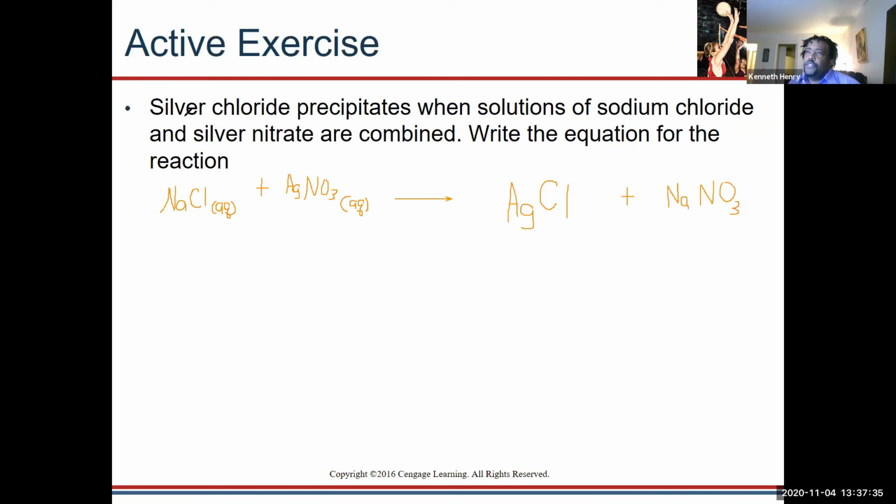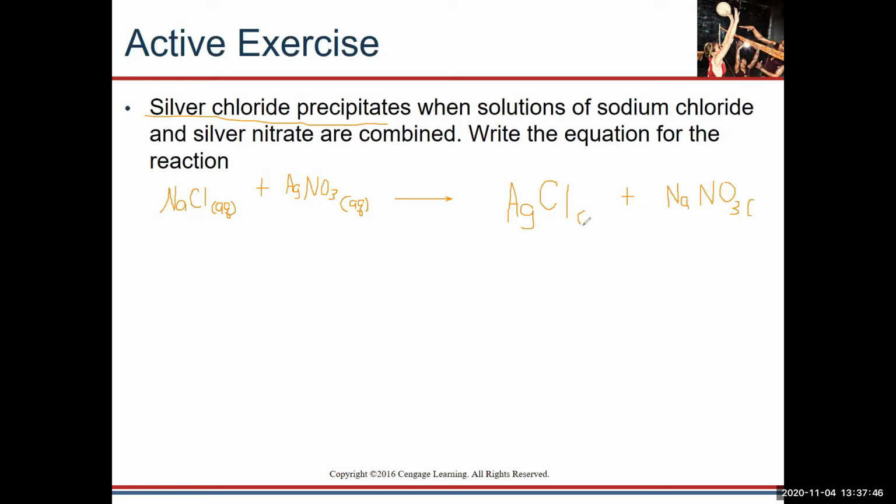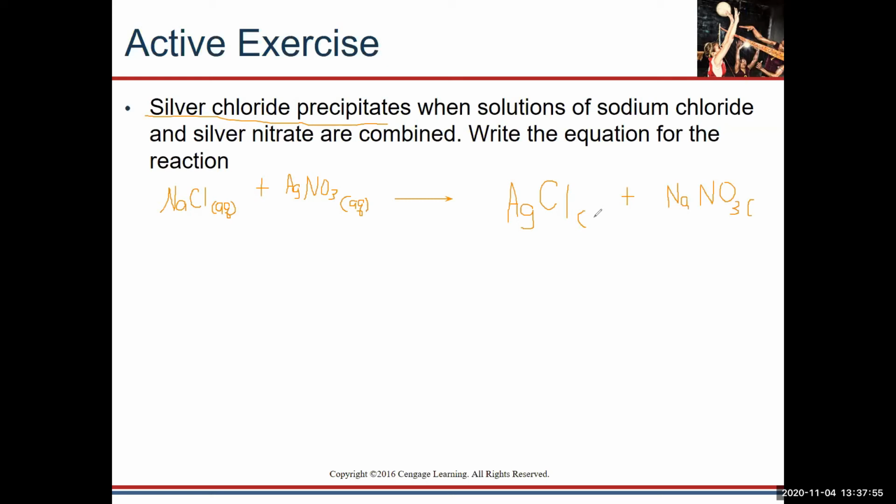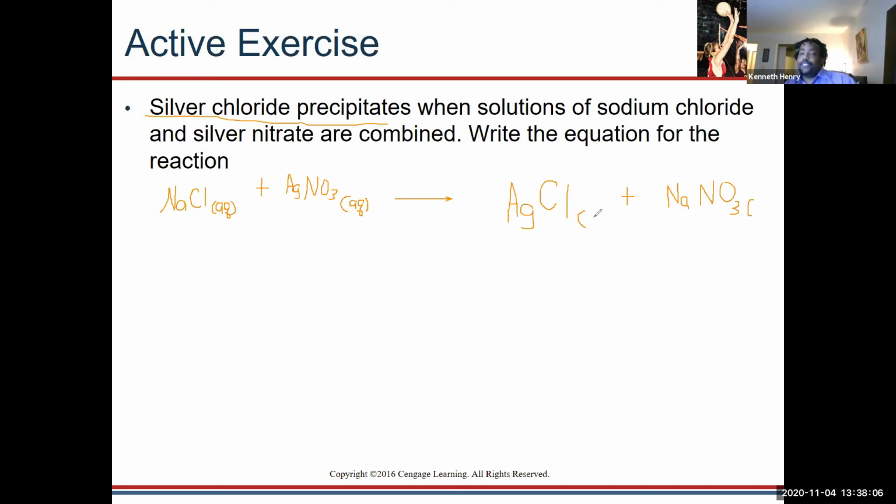Okay, so silver chloride precipitates. What does precipitate mean? You mentioned it earlier. So would that mean that silver chloride would be a gas? Nope. Or a liquid? Not a liquid. I feel like precipitation is when you have cold water in a warm glass and then the water goes on the other side of the glass. No, I understand it, and initially that's what I thought too. But what they really mean is that it precipitates out, meaning it drops out of solution.